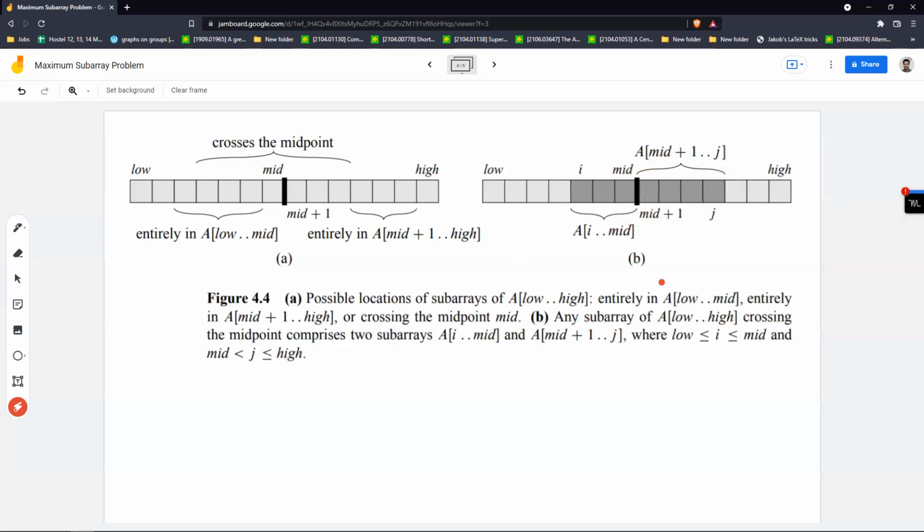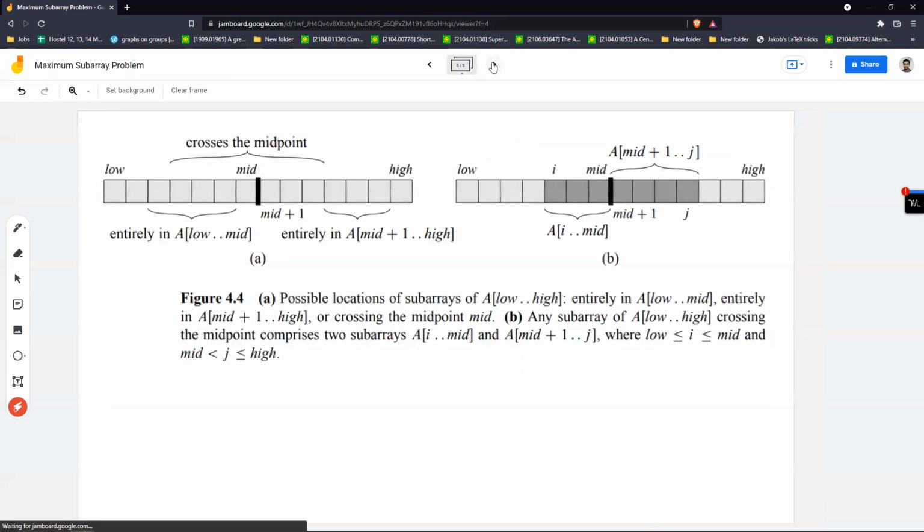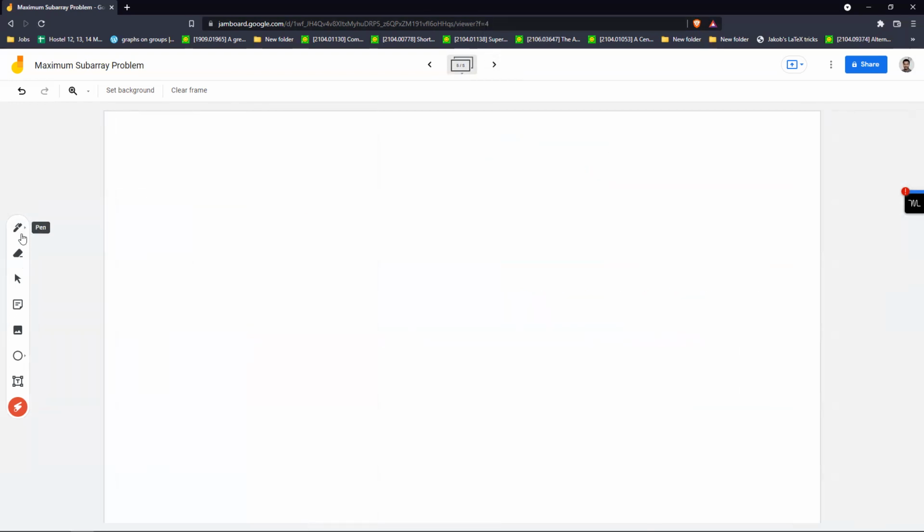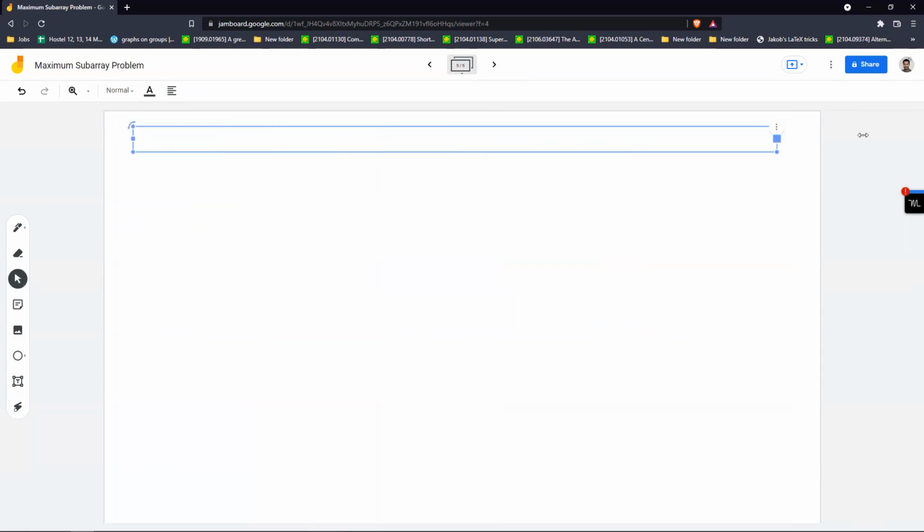With this, now we are ready to solve the maximum subarray problem. Is that okay? So how do we do that? Now let us write down the algorithm for the maximum subarray problem.